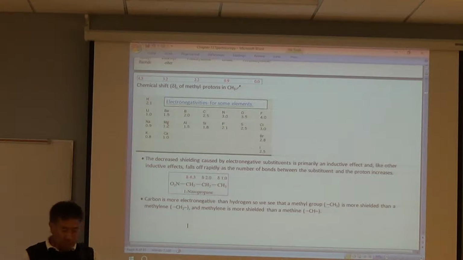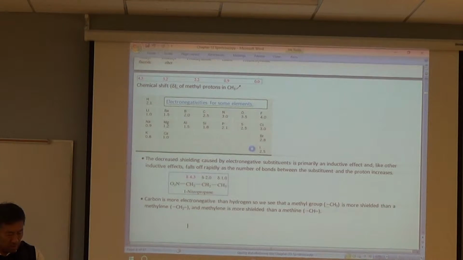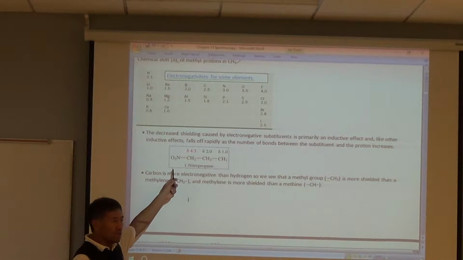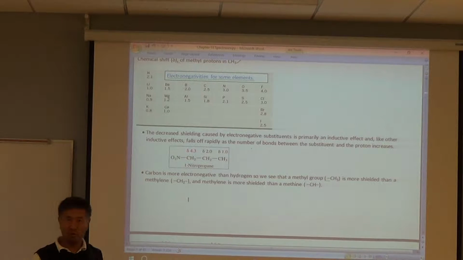The influence of the electronegative atom gets weaker and weaker as the proton gets farther and farther away from the site. You can see in this example, we have a nitro group on this molecule. We know from the last chapter that nitro is very electron withdrawing.